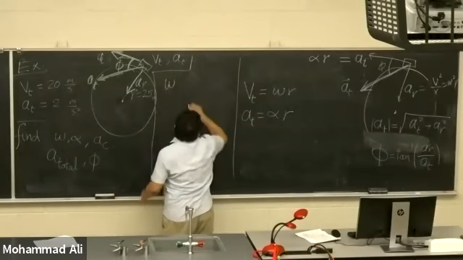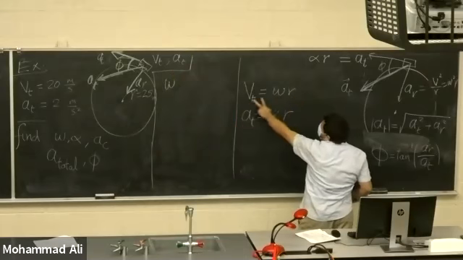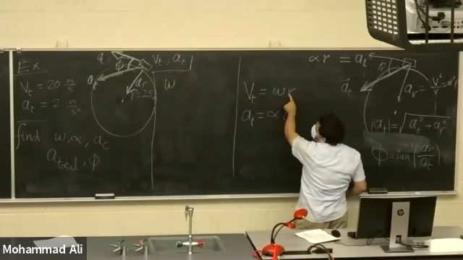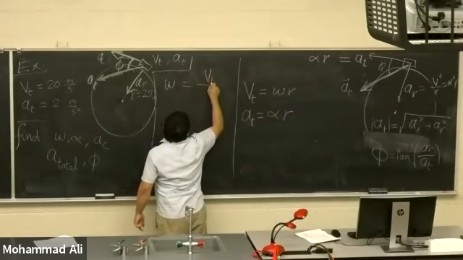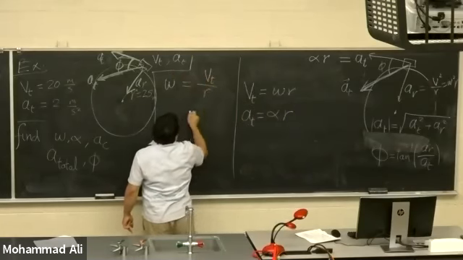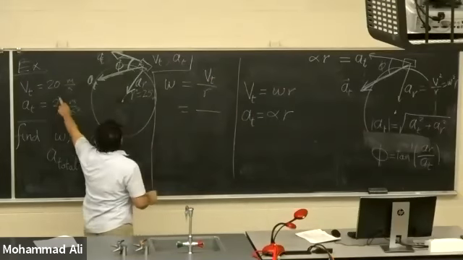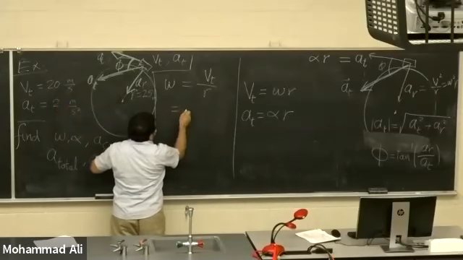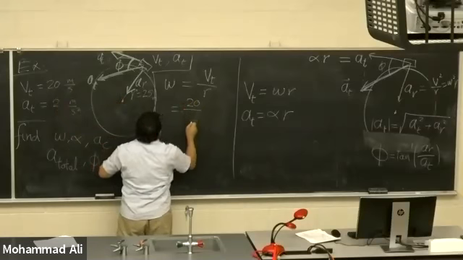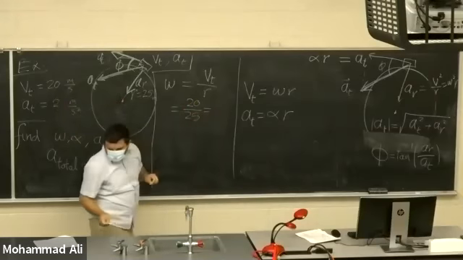If Vt is equal to omega r, then omega is equal to Vt divided by r, right? V tangential over r, where V tangential is 20 and the radius is 25. This will be equal to 0.8.